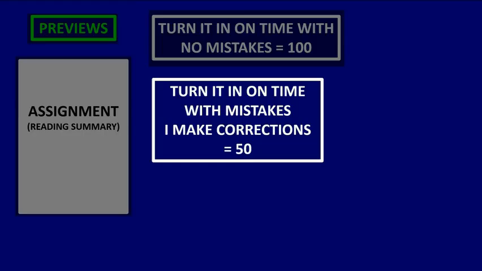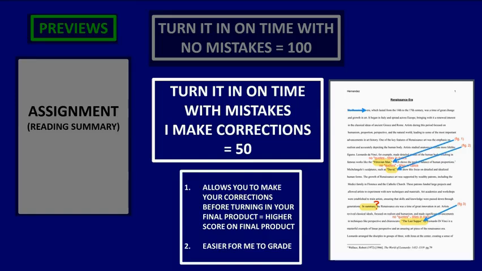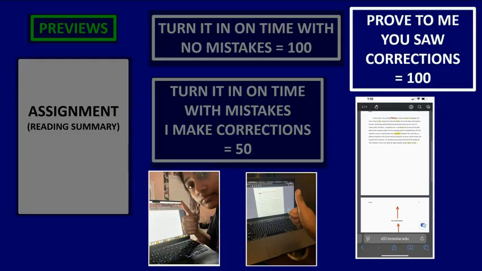All right, let's say you turn it in on time and there are lots of mistakes that I need to correct. I'm going to make corrections on it, and I will give it a 50. If you see that you got a 50 and you know that you turned it in on time, go and look at my corrections. And then if you show me that you have seen my corrections, you can do a selfie with the corrections.